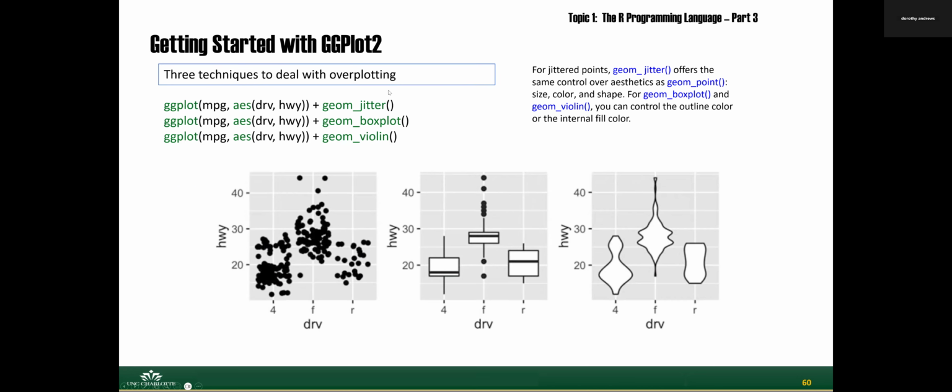So in this first case, we can see this ggplot with highway as a function of drivetrain. When we scatter, we get a real nice look at how much data is really concentrated for 4-wheel, front wheel, and rear wheel drive vehicles. If we use a box plot, and I should say I'm not a big fan of jittering.